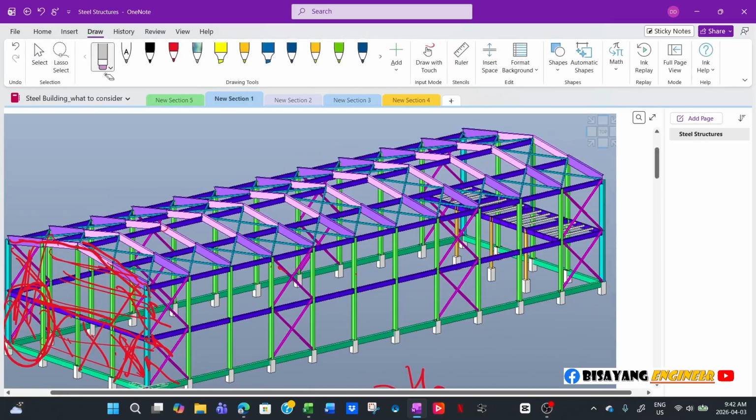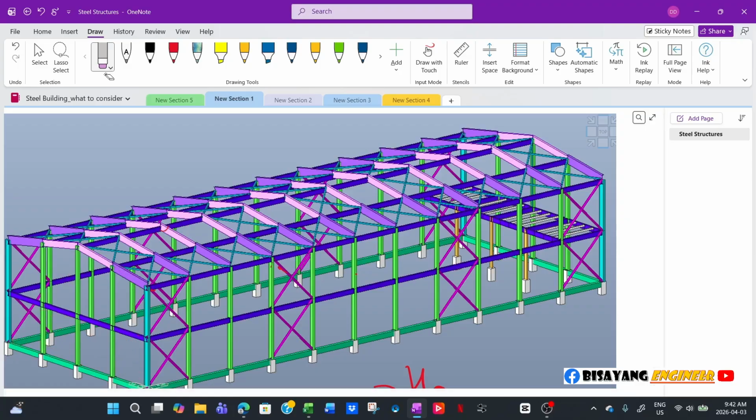It's not uncommon. I would say the common framing for inwards is just a regular beam.